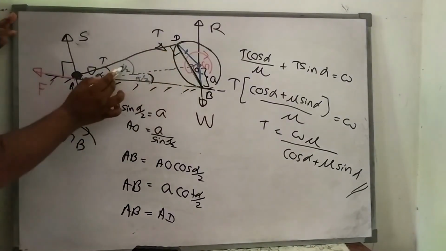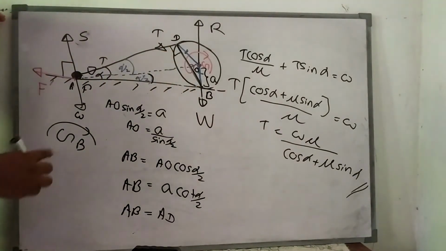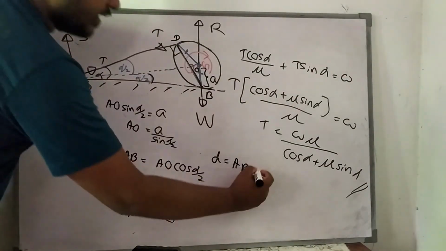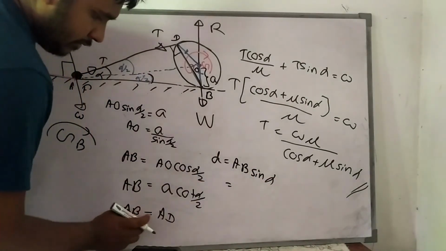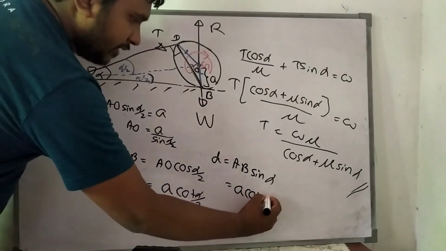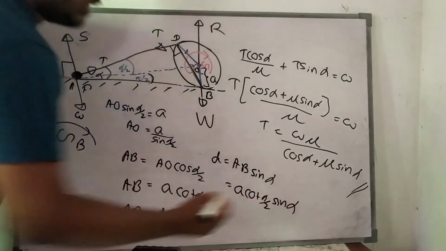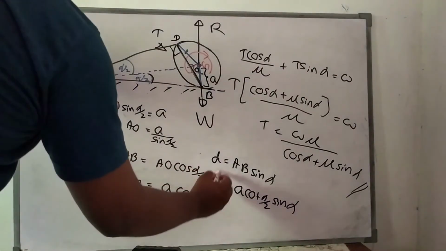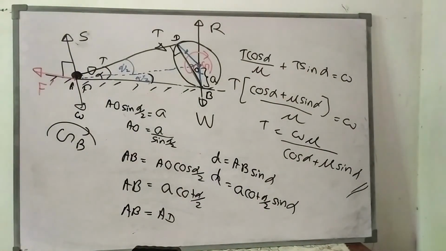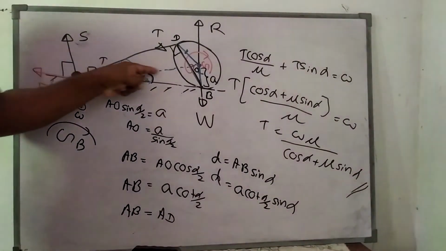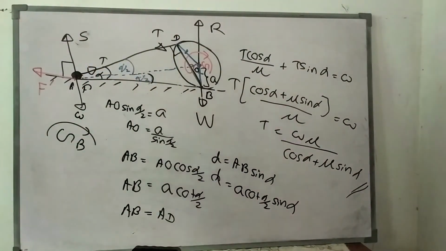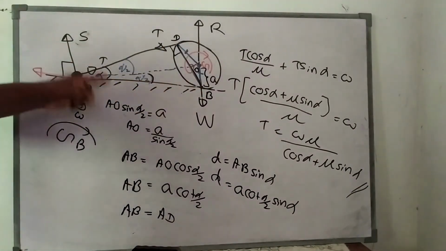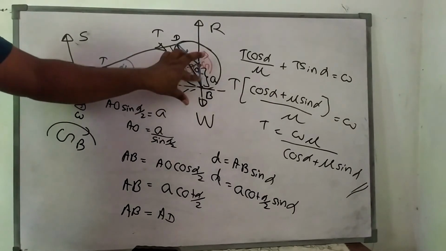AB equals AD, because these are tangents. Then D equals AB sine alpha. So D equals a cot alpha by 2 into sine alpha. This is D, so now we can take the moment around B without any fear, because D is also found.